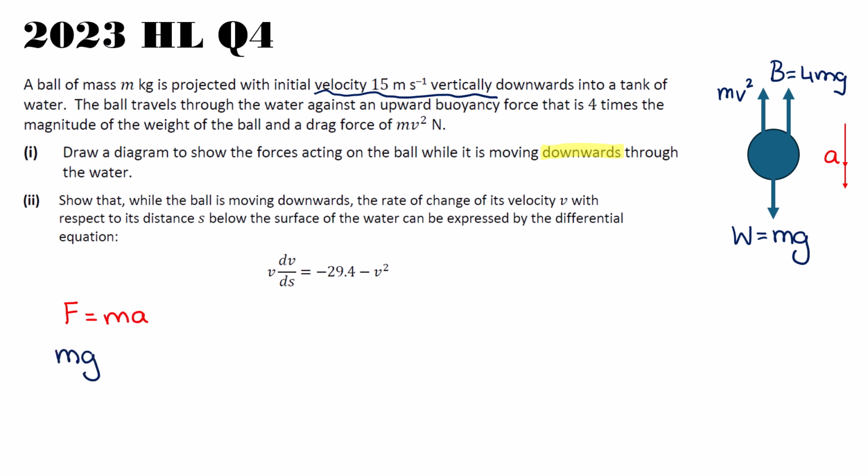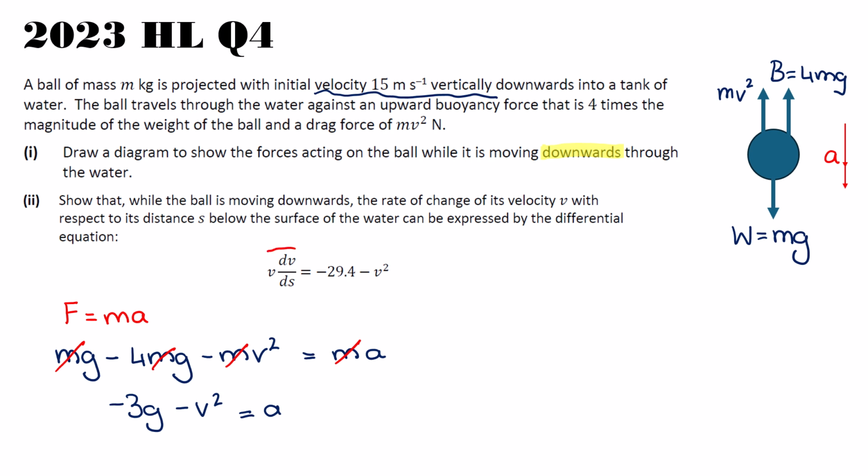So we have mg minus what's upward, minus 4mg, minus mv squared is equal to mass times acceleration. So here, the mass m is going to cancel out, leaving us with g minus 4g, so minus 3g minus v squared is equal to acceleration.